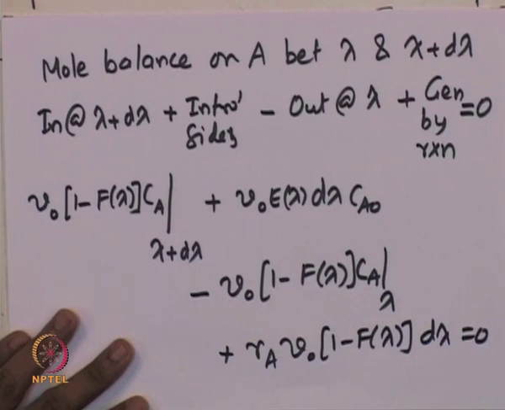That is the mole balance on A between the age lambda and lambda plus d lambda.